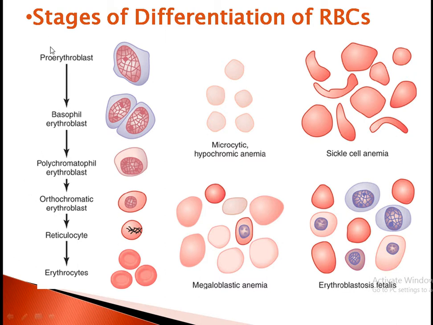So to remember the sequence of developmental stages of RBC, you can remember this phrase, probe pore. The first is the proerythroblast, then basophil erythroblast, polychromatophil erythroblast, orthochromatic, and reticulocyte, and then mature erythrocytes.